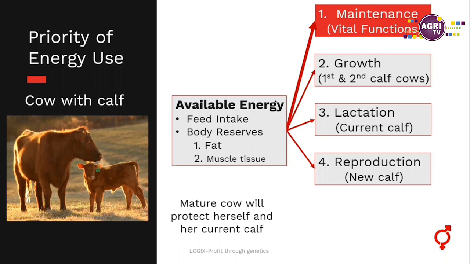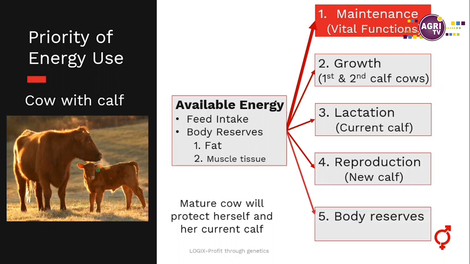And you would many, many times see an older cow, she has a short ICP. The older she becomes, the shorter the ICP becomes, because she doesn't have that drain which the heifers have. And as she has weaned her calf, and there's still available energy, she builds body reserves, which can then be used when she has the next calf, and there's a negative energy balance again. So that's basically the priorities that is there.